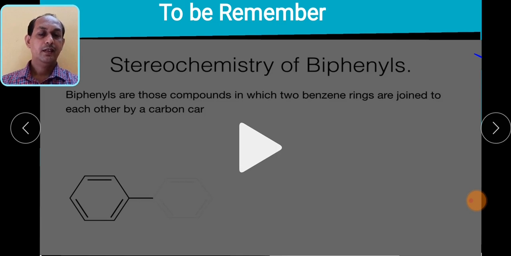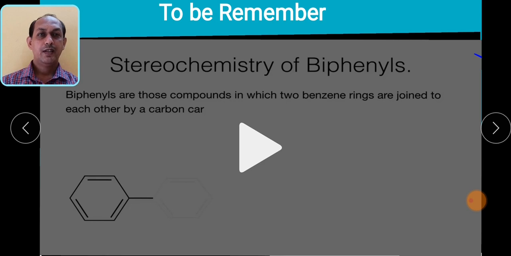I think this particular session will help you understand the stereochemistry of families which do not have a stereogenic center but still exhibit optical activity. Go through the sessions on stereochemistry of cumulenes and stereochemistry of biphenyls.